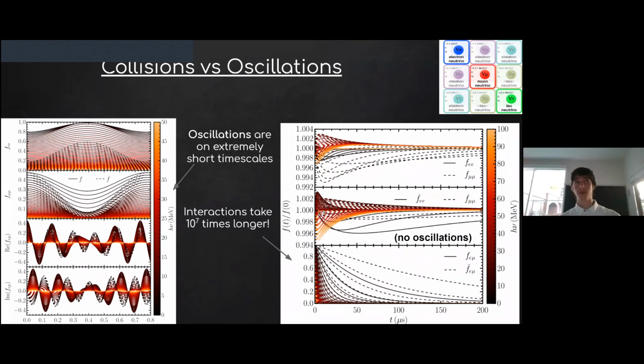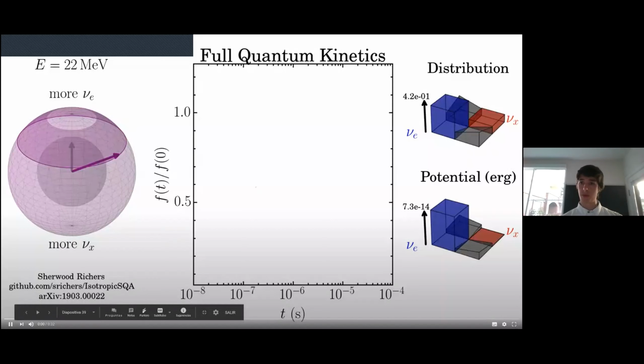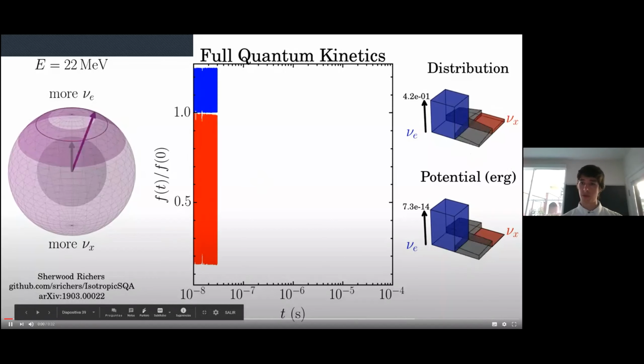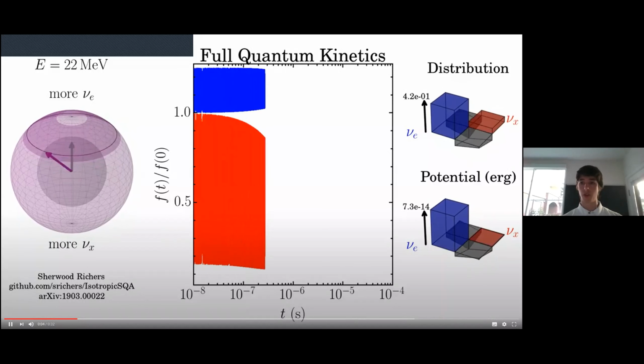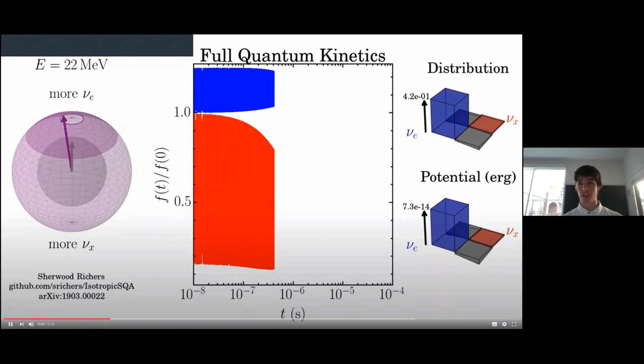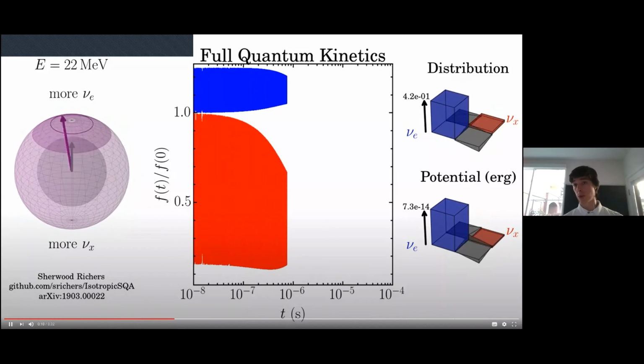So this is another open source code that simulates this physics, assuming an isotropic background. And it looks something like this. This panel right here shows the matrix that represents the neutrino distribution. This represents the on-diagonal element, the number of electron neutrinos.